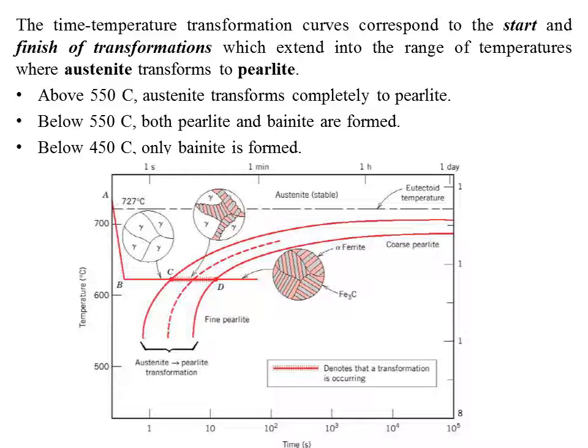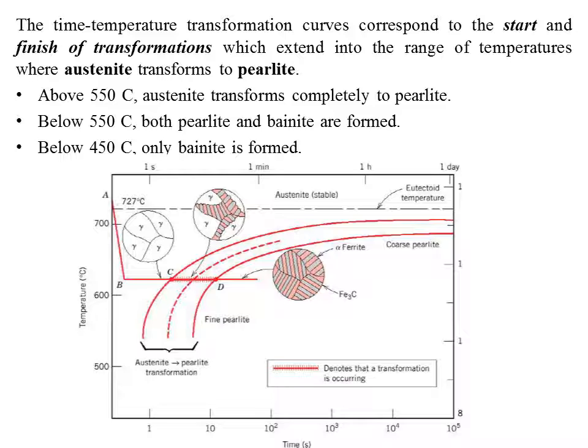Above 550 degrees centigrade, the austenite transforms completely into pearlite. Below 550, both pearlite and bainite are formed. But below 450, you will have only bainite.